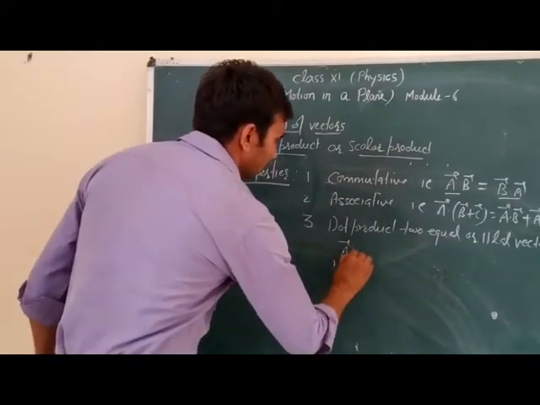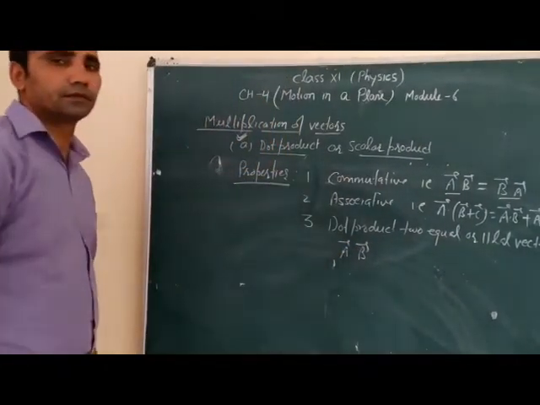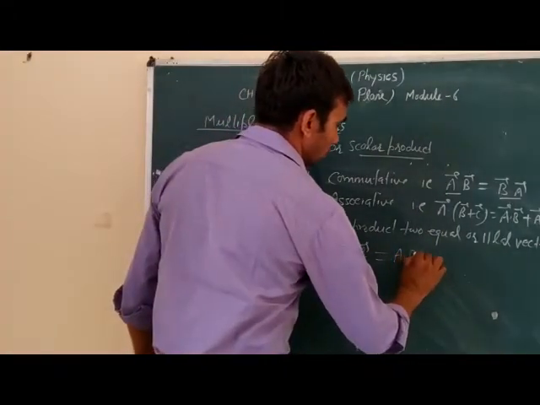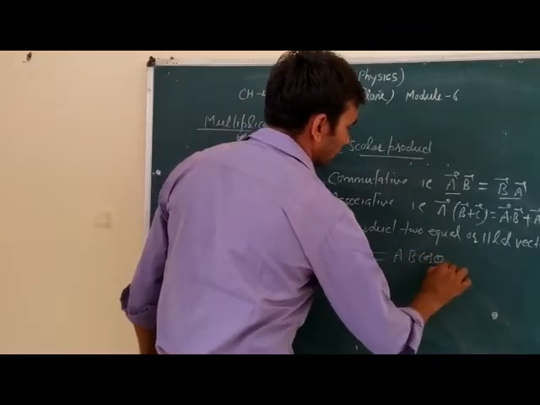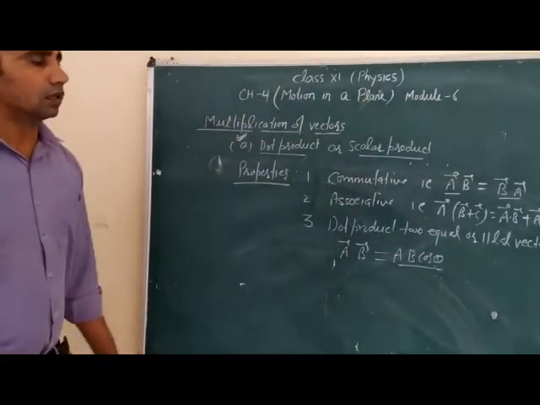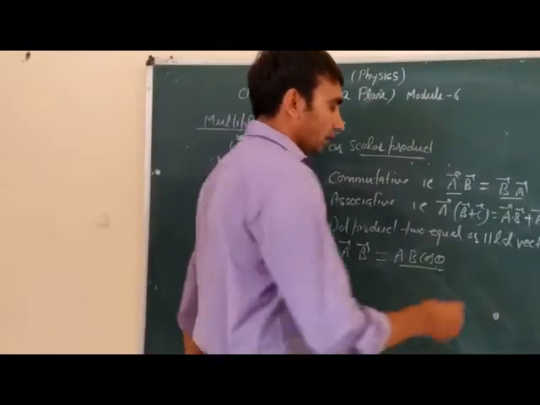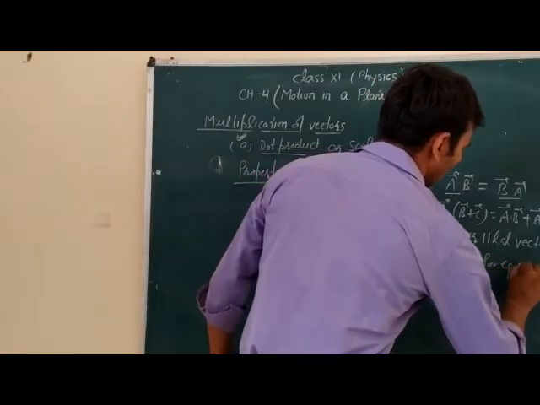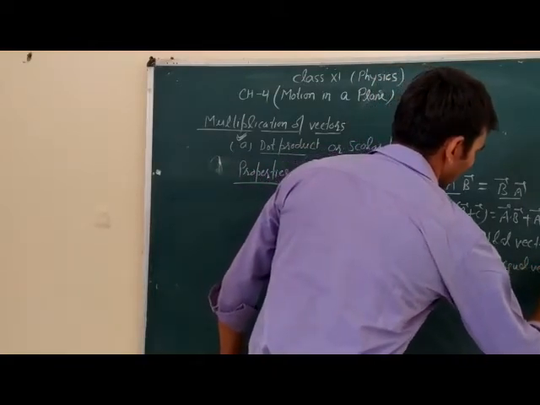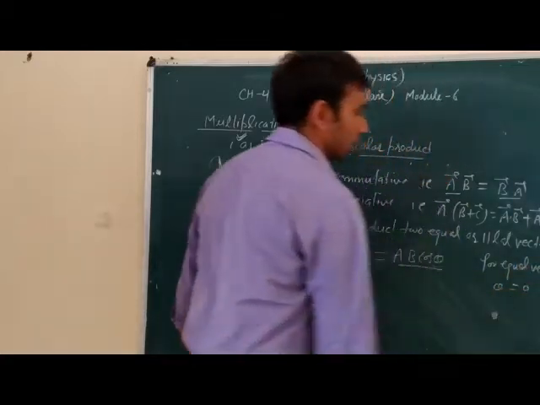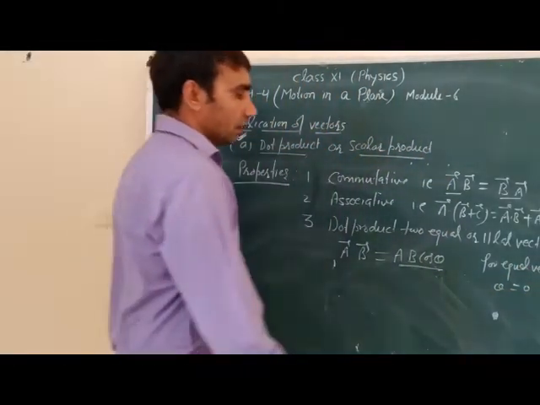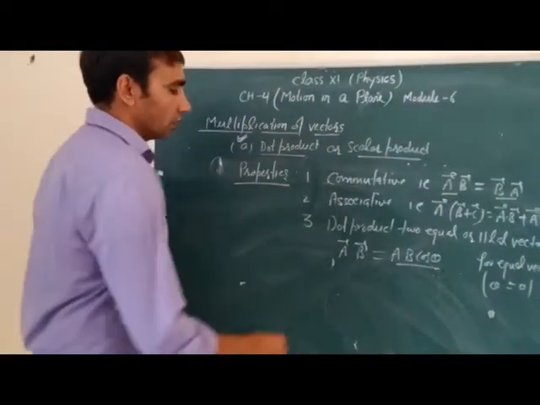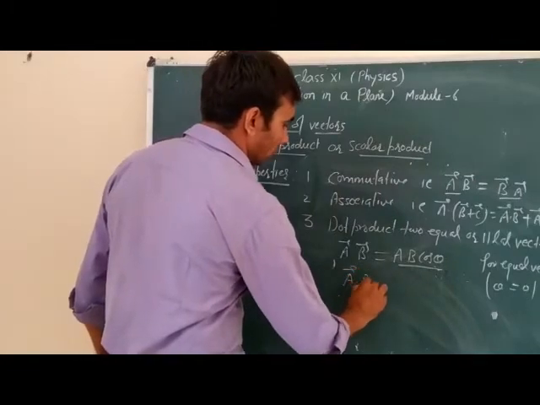A dot B is equal to the magnitude of vector A, magnitude of vector B, cosine of the smaller angle between them. The angle between two equal vectors, theta, is 0 degrees. For parallel vectors, theta is again 0 degrees. Now A dot B is equal to AB.